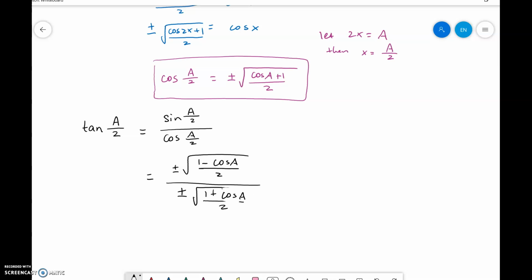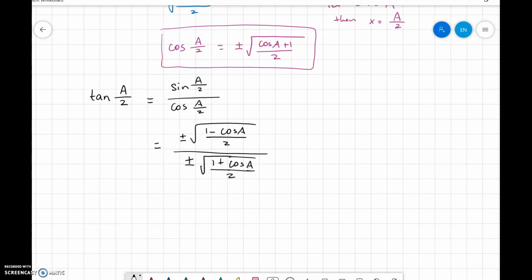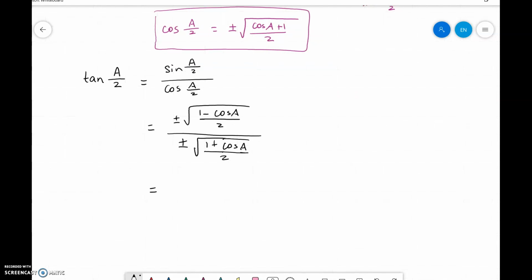Since both have positive or negative, I'm going to take the positive or negative out to the front. Both the numerator and the denominator have a square root, so I can have one whole square root for everything inside: 1 minus cosine of A divided by 2, all over 1 plus cosine of A divided by 2.